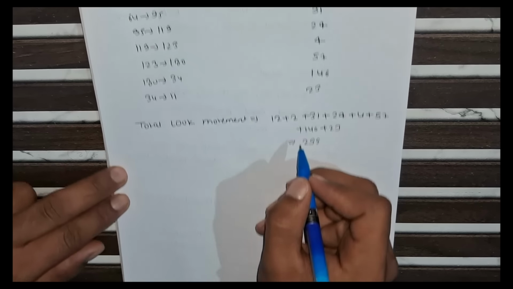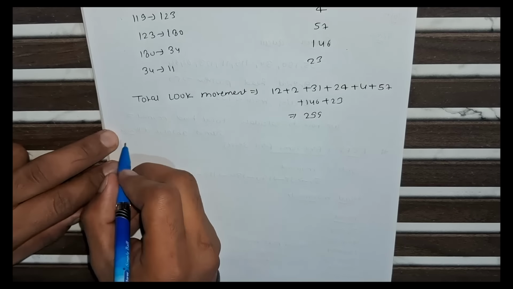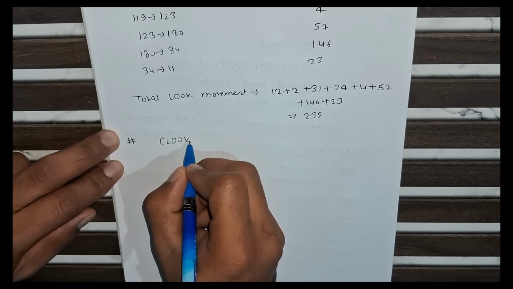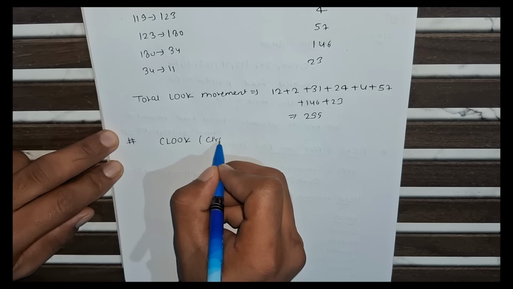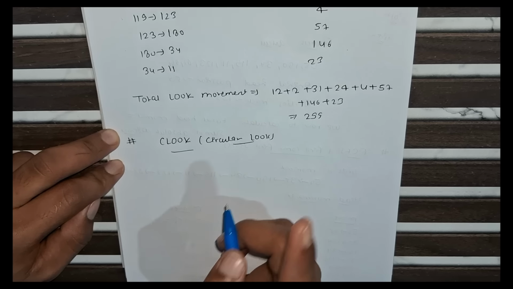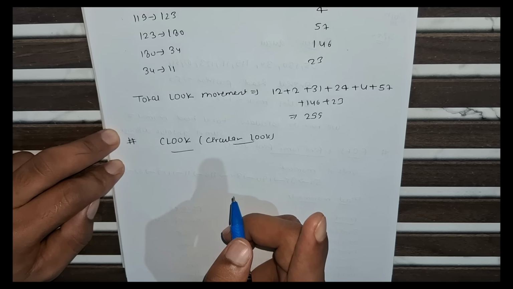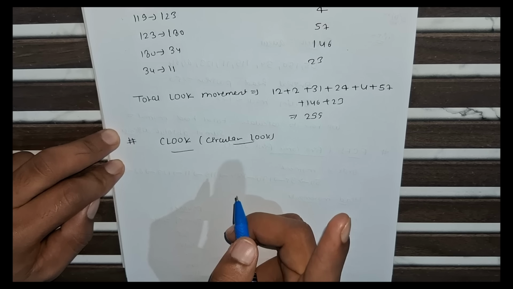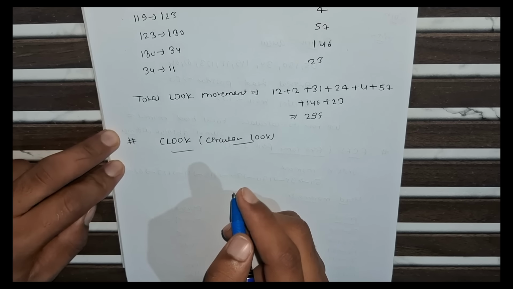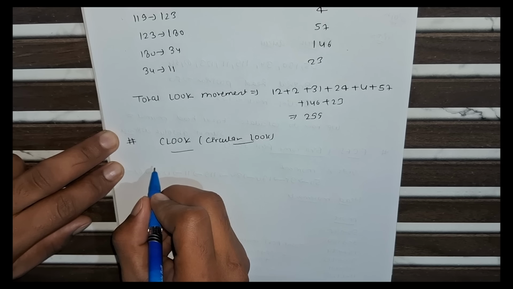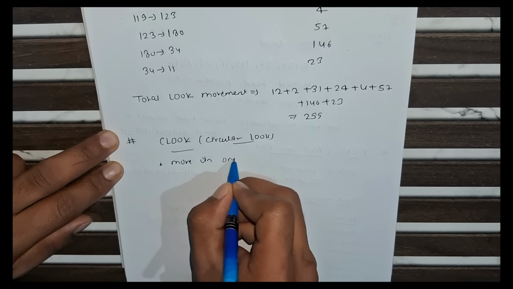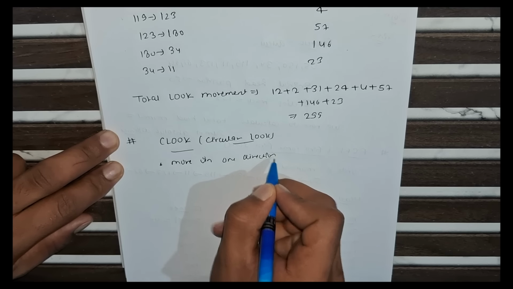Now we have to calculate the C-LOOK, meaning circular LOOK. So our fourth one is C-LOOK. It means moving in one direction only.